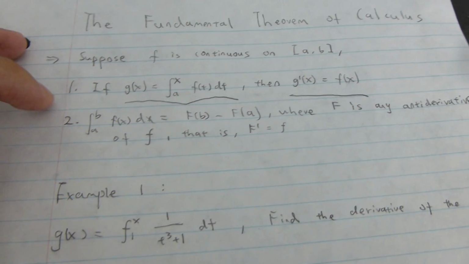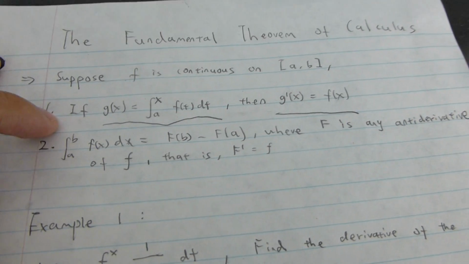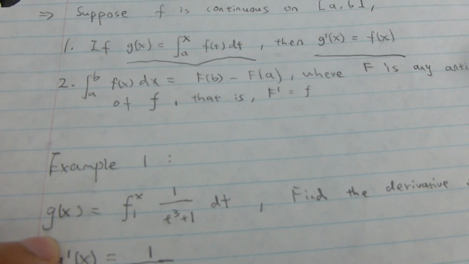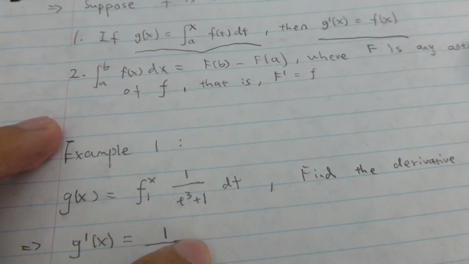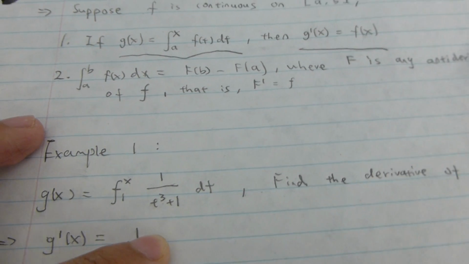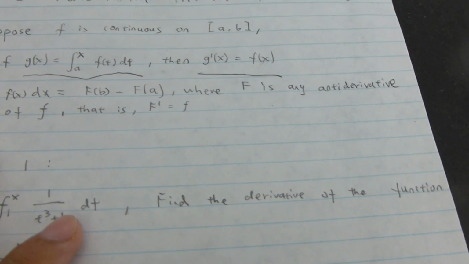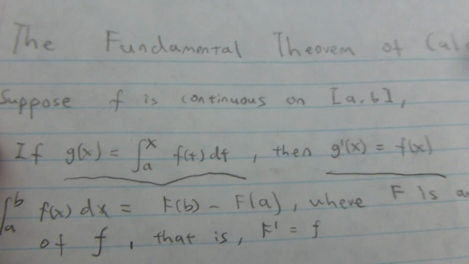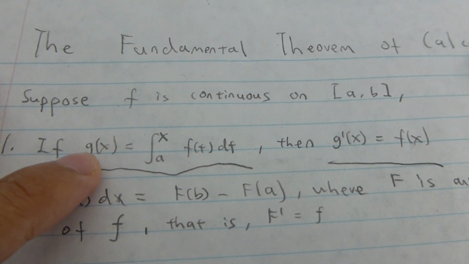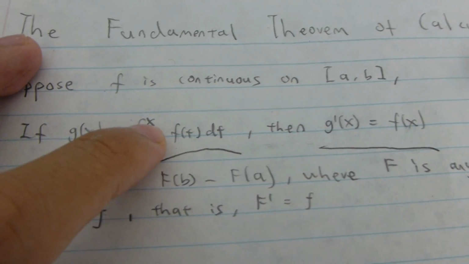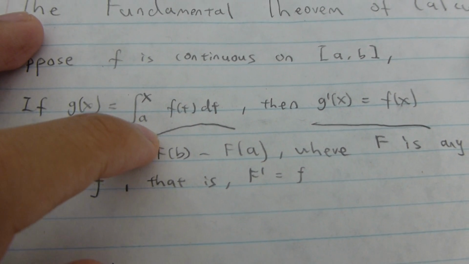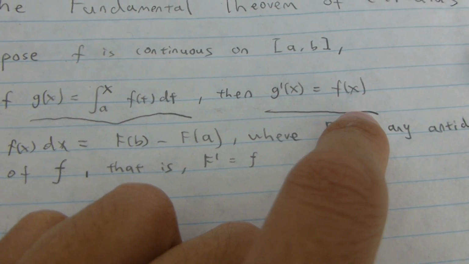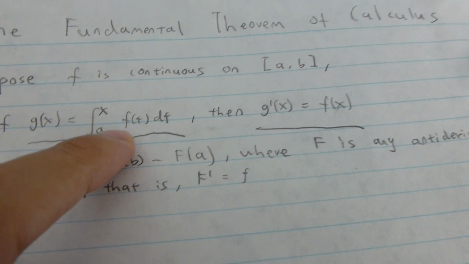Then I'm going to show you one example of how to apply the first part. In this example, g(x) equals the integral from 1 to x of t to the power 3 plus 1 dt. We're going to find the derivative of the function. Make sure you notice the difference when you apply the first part: you have x on top and a number on the bottom, with f(t) dt, and then g'(x) equals f(x).